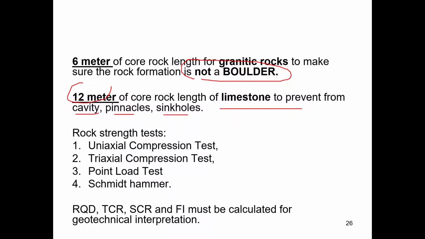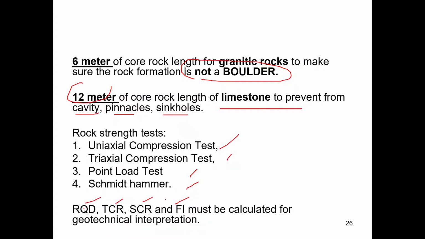Also, based on that rock core, we can do the uniaxial compression test, triaxial compression test, point load test, Schmidt hammer test, and then we can do calculations for rock quality designation, total core recovery, solid core recovery, fracture index.